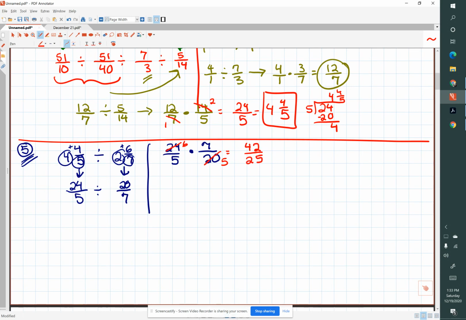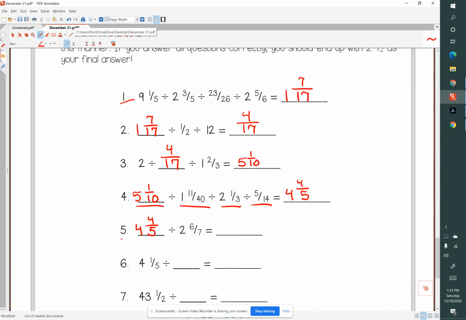And let's convert that to a mixed number. So we'll divide 42 by 25. 1 times 25 is 25. And when we subtract, we will have 17 25ths. So the final answer, 1 and 17 25ths. And that's number 5.